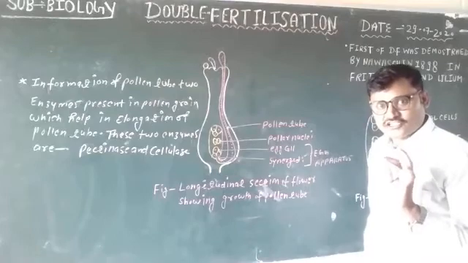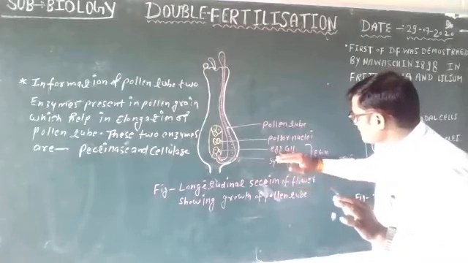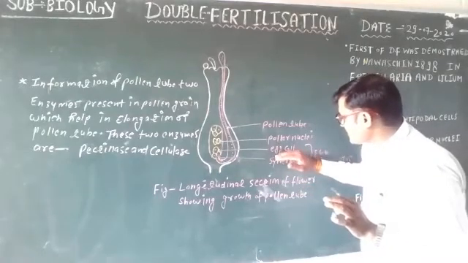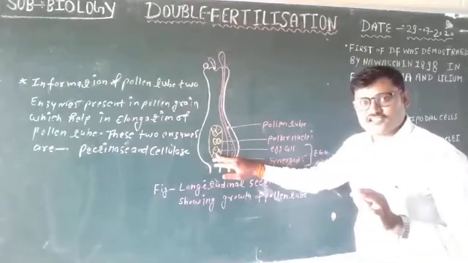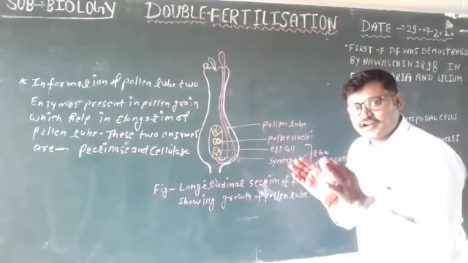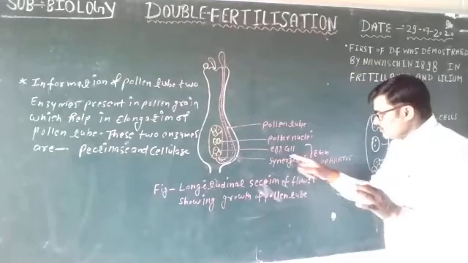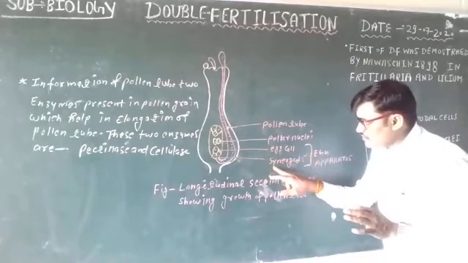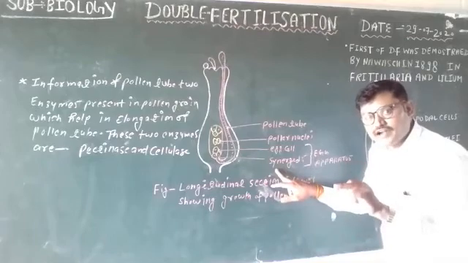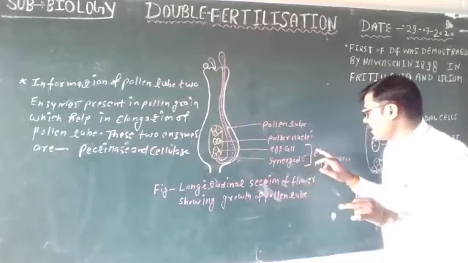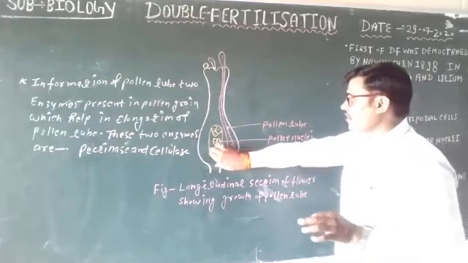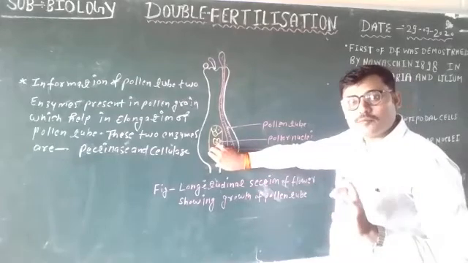The egg cell and the two synergids combine to form the egg apparatus.